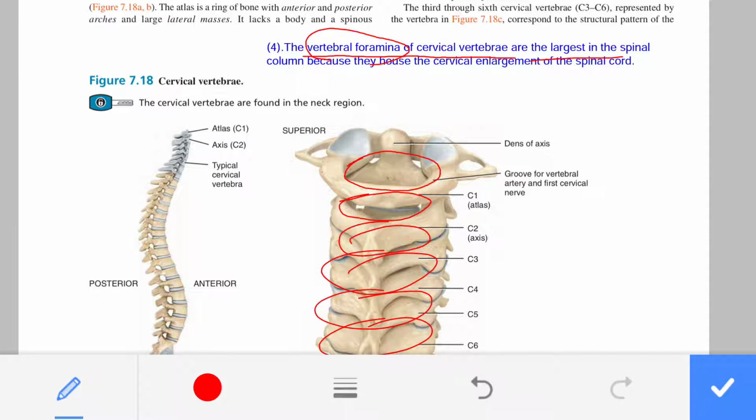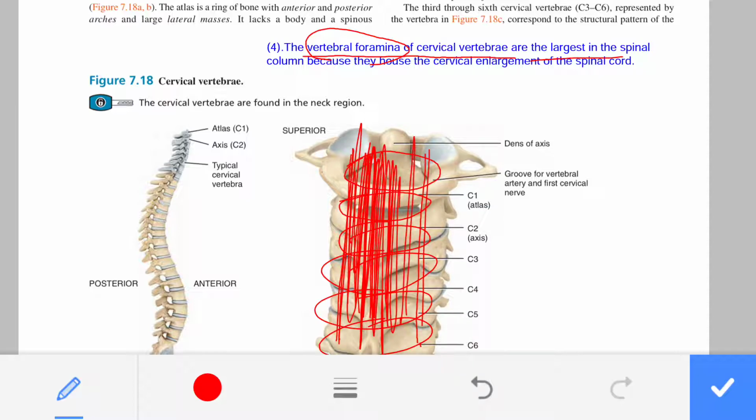Now why is this vertebral foramen large? You need to understand that over here, this is the spinal canal, and inside this spinal canal the spinal cord is present. The part of the spinal cord which is present in the neck region is broad.